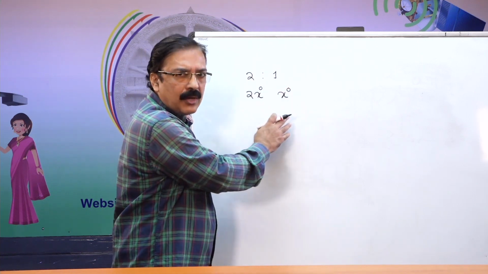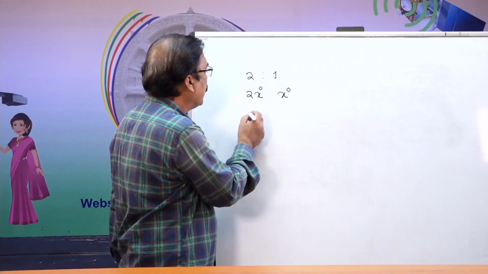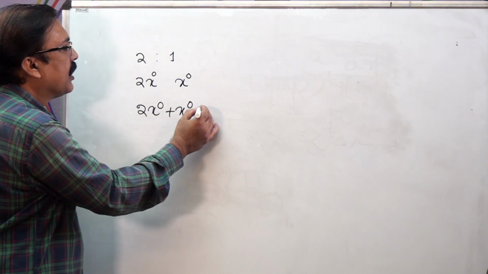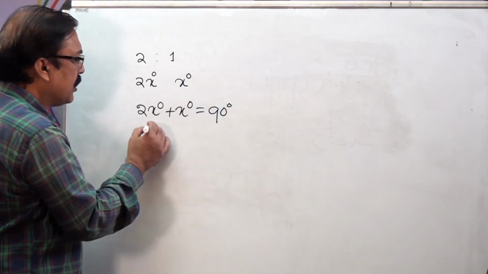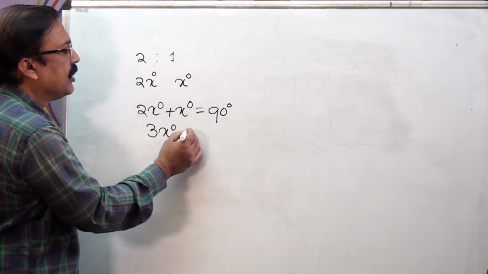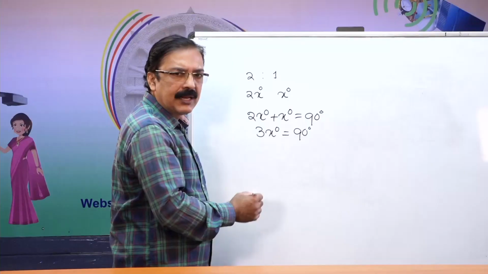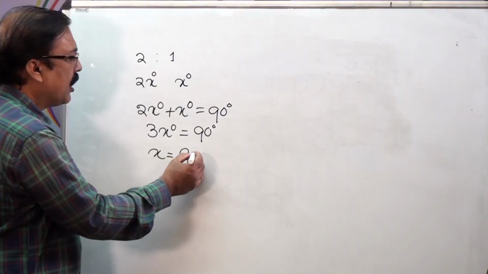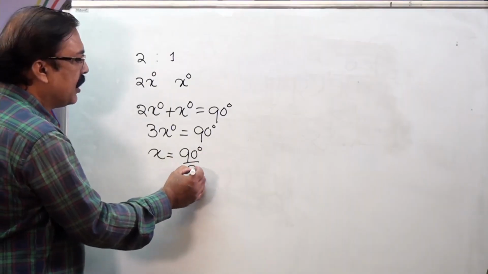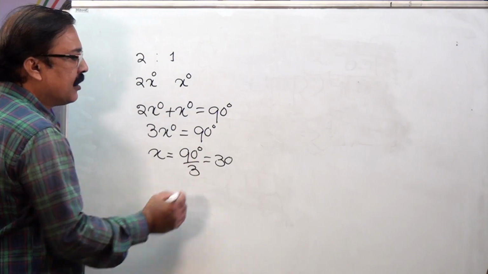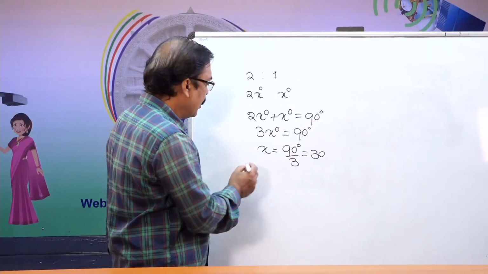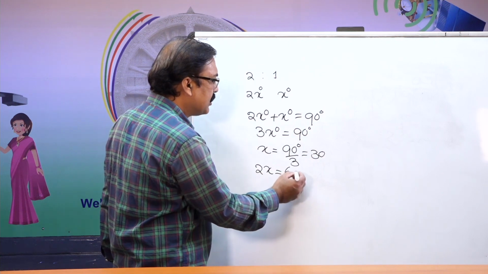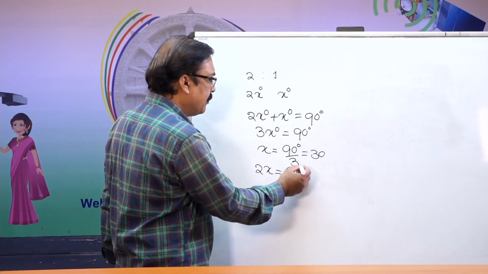If they are complementary, then 2x degrees plus x degrees gives 90 degrees. That means 3x degrees is equal to 90 degrees, or x is equal to 90 degrees divided by 3, that is 30 degrees. If one angle is 30 degrees, then the second angle, 2x, is 60 degrees.